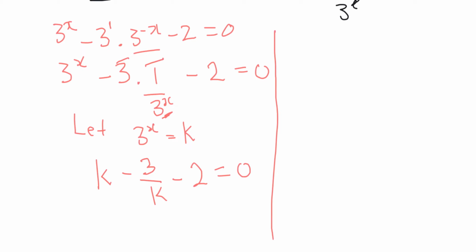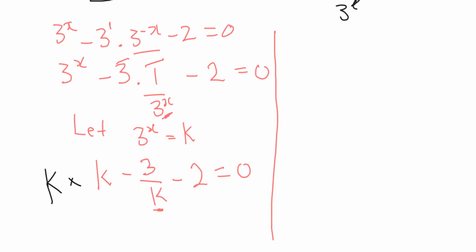You can start by saying, look, we want to get rid of this k in the denominator. And the only way of getting rid of this denominator is by multiplying by k, right? So you are going to multiply this entire equation by k. So if you multiply it by k, what is it that you're going to have?